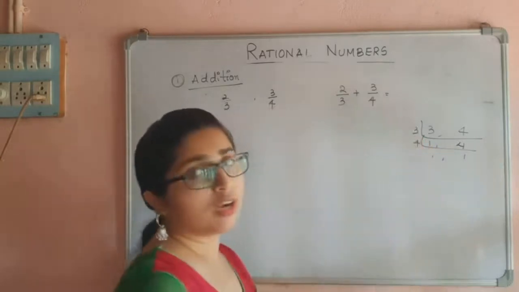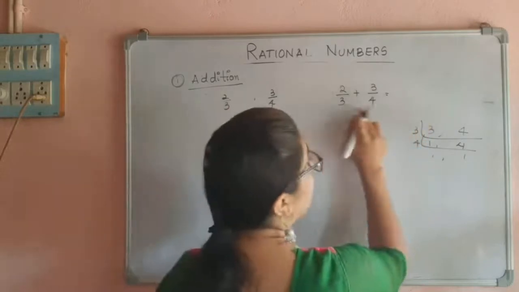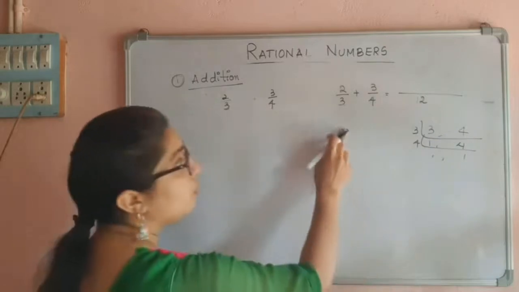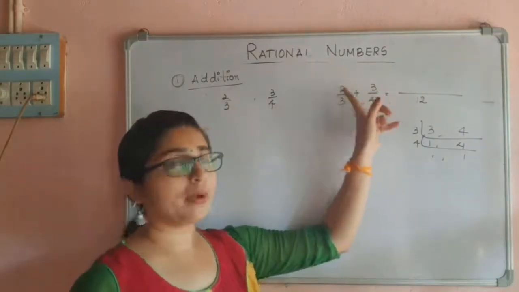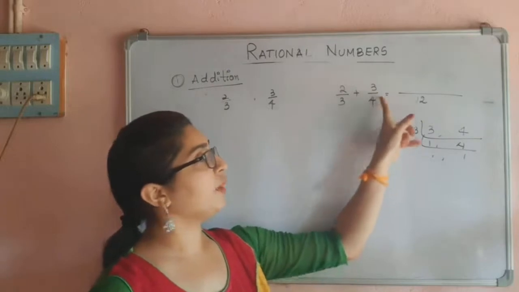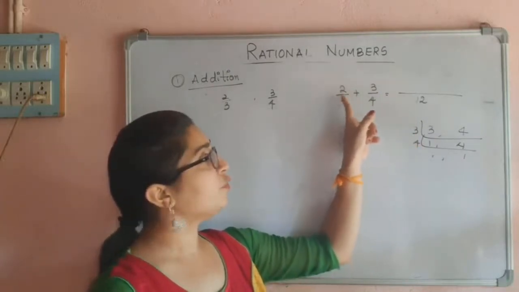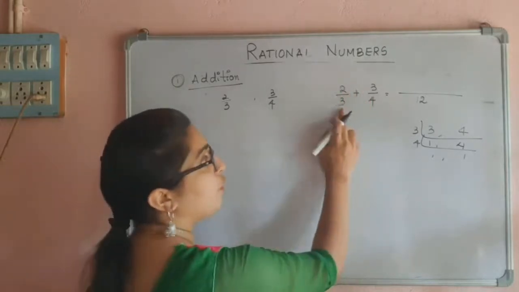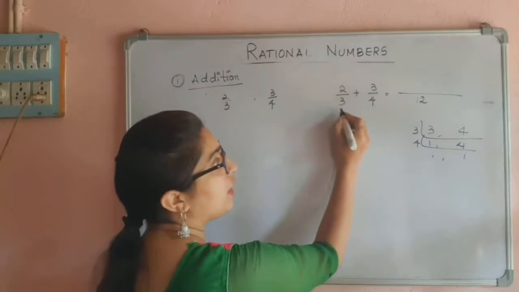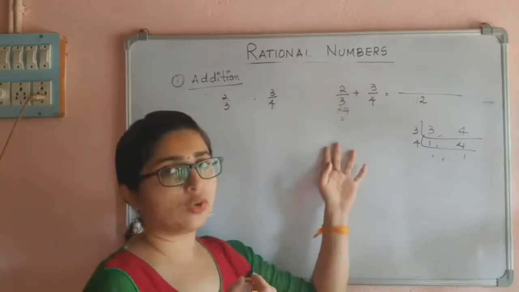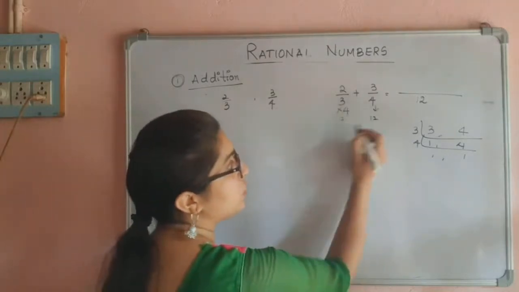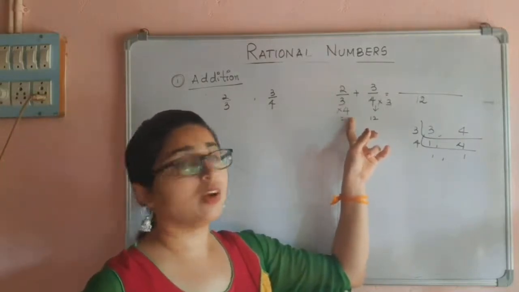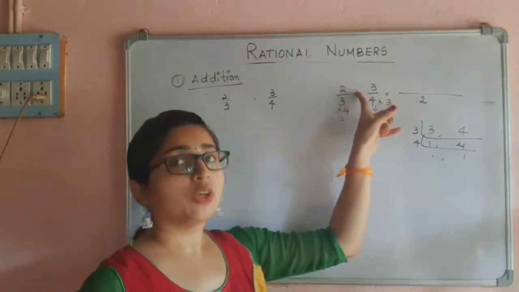So 3 into 4 is 12. I can multiply these two, take it as 12. Now we have to multiply. Here, if I want to make it 12, I have to multiply it by 4. And here, if I want to make it 12, I have to multiply it by 3. I cannot multiply only the denominator, so along with that I have to multiply the numerator also.